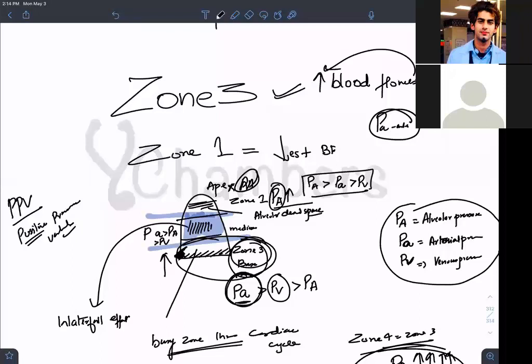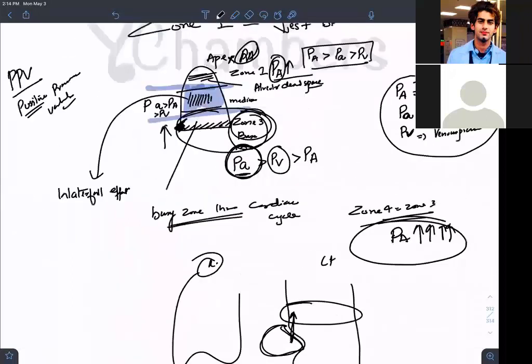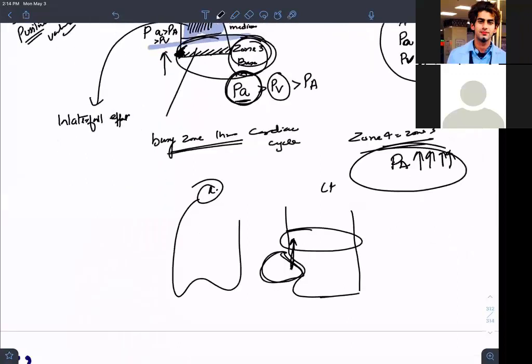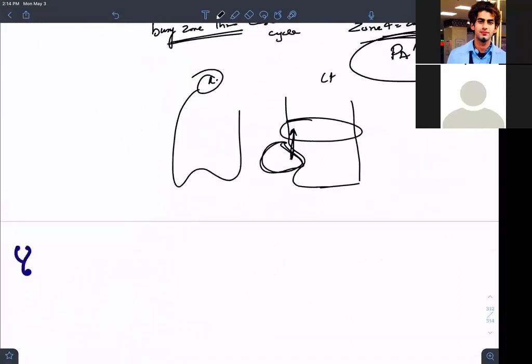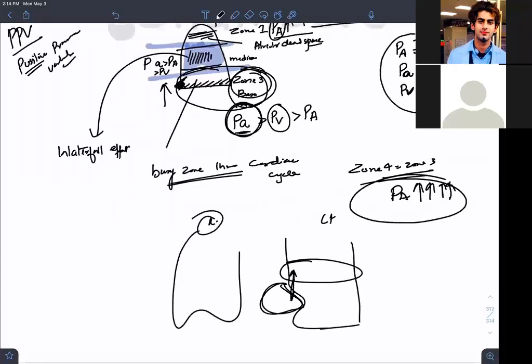So do you see who is regulating the blood flow in the lungs? Where did I write a? Oh, I have written small a. Small a is true. Arterial.